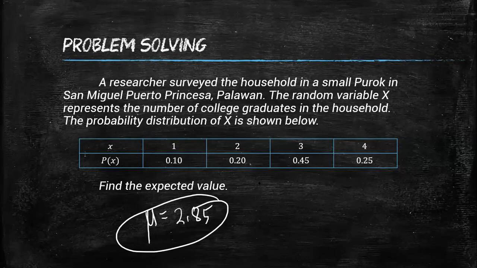Eh sir, wala namang student na 2.85. Kaya nga i-approximate natin siya as 3. So the mean number of college graduates in a household is approximately 3. Pero wag muna tayo maglagay ng interpretation, kahit yung numerical value lang muna. Basta alam niyo kung paano siya sinolve.